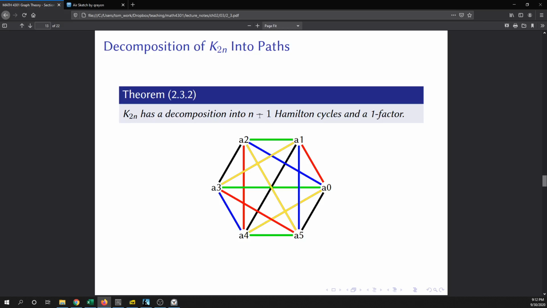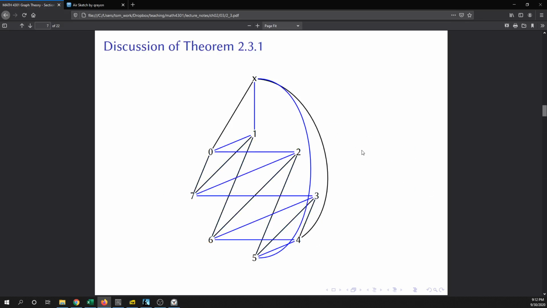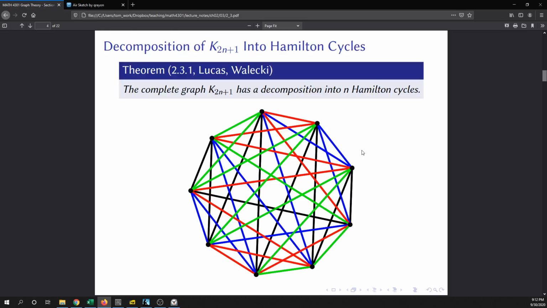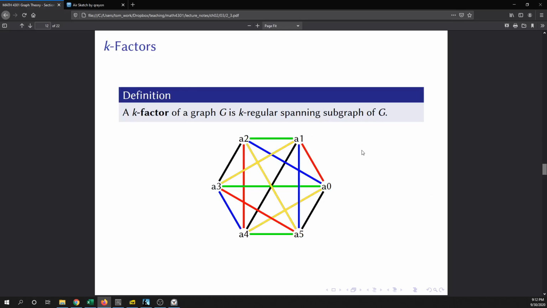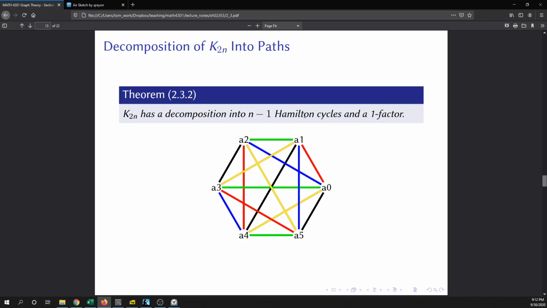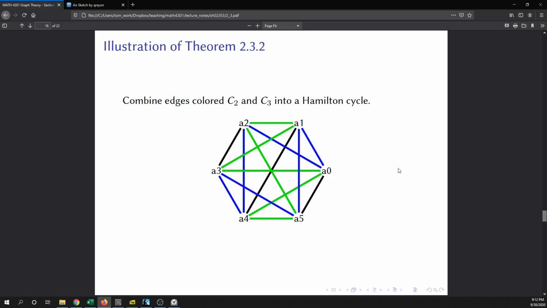It will have this decomposition into Hamilton cycles and a 1-factor. For the odd-ordered complete graphs, we have a decomposition into n Hamilton cycles. For the even order, we have a decomposition into n minus 1 Hamilton cycles and a 1-factor. That is it on this one. I'm just going to talk about the idea here and then move along.